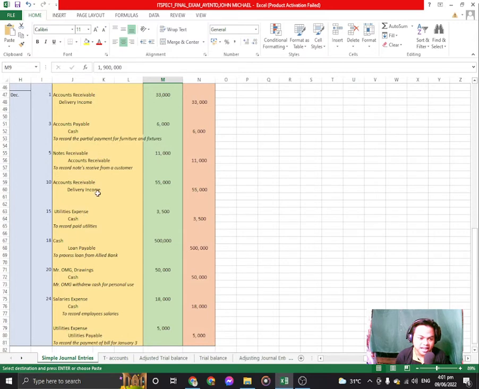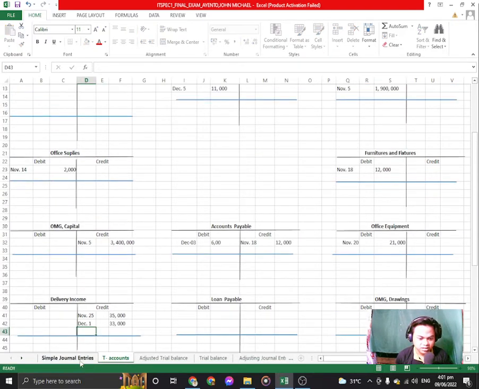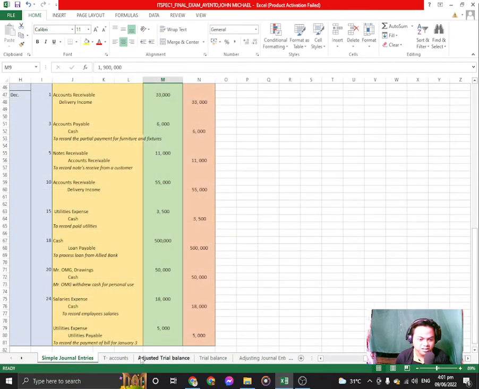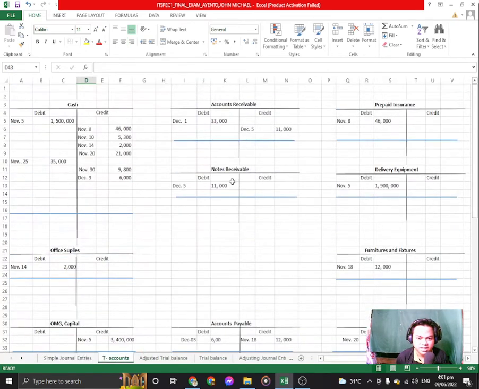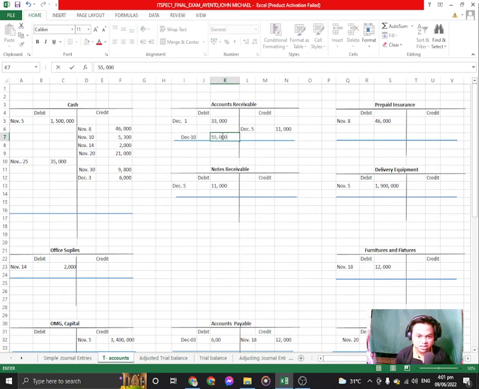Okay, down to journal. December 10, account receivable, the debit, we have 55,000 pesos and delivery income 55,000 pesos. Back to account receivable. Sorry, akala ko December 10, we have 55,000 pesos.